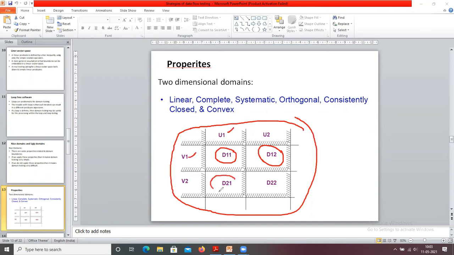Similarly, for domain D21, the boundaries are V2, U1. For domain D22, the boundaries are V2, U2. So by seeing this, we say that this is a nice domain. Why? All the domains have boundaries and these are very consistent. So this is called nice two-dimensional domains.